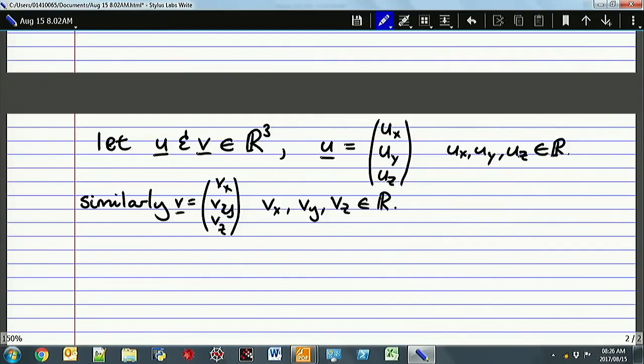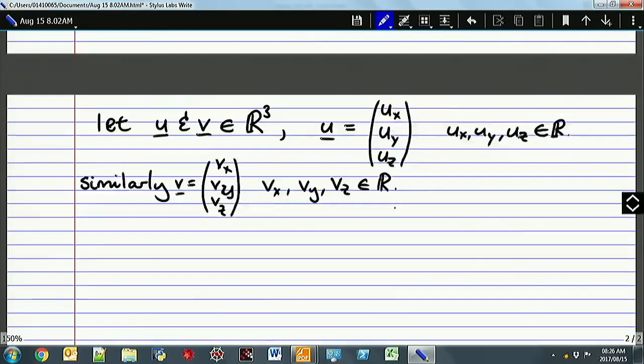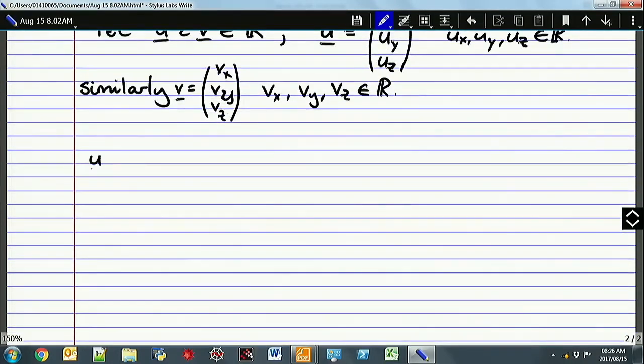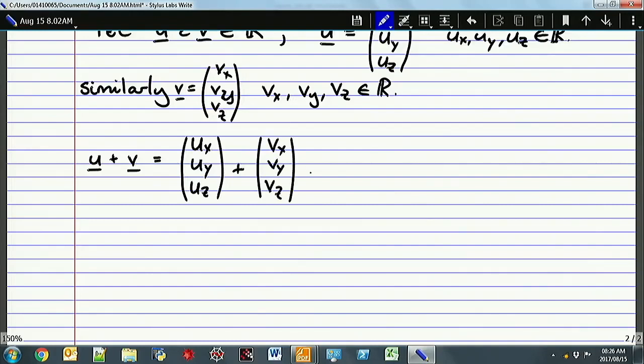And if I add these two together, if I take U plus V, U plus V is equal to (Ux, Uy, Uz) plus (Vx, Vy, Vz). And that's equal to, as I said we'd just do this element by element, (Ux plus Vx, Uy plus Vy, Uz plus Vz).